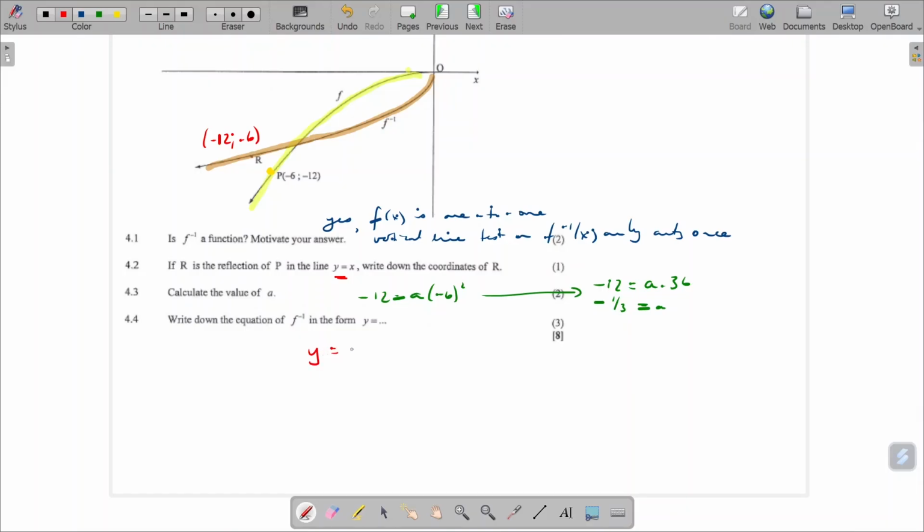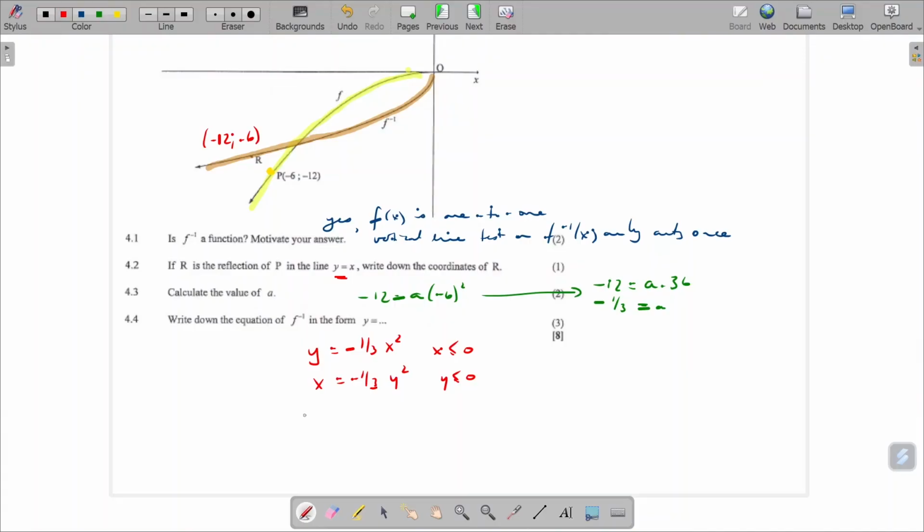So y equals minus a third x squared, x is less than 0. So x equals minus a third y squared, y is less than 0. Please don't forget to change the letter on the restriction as well.